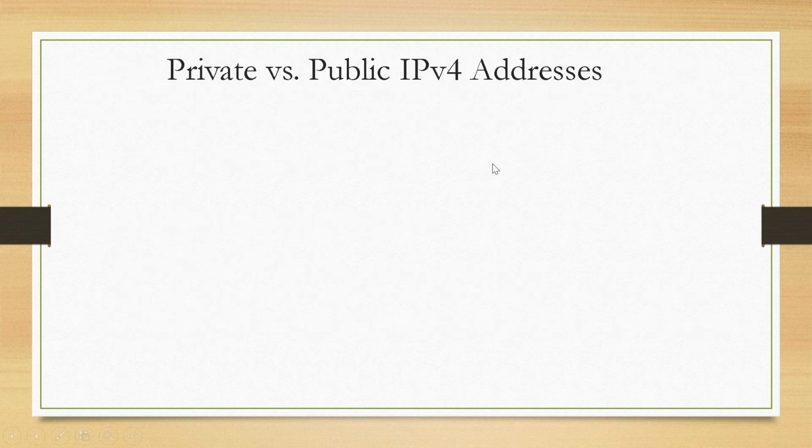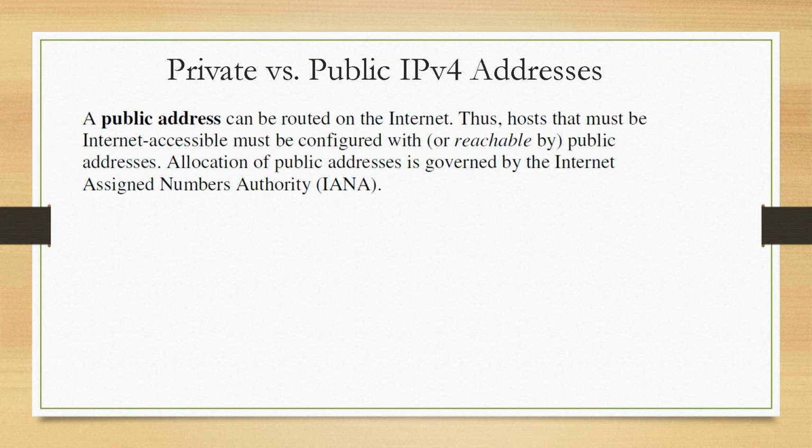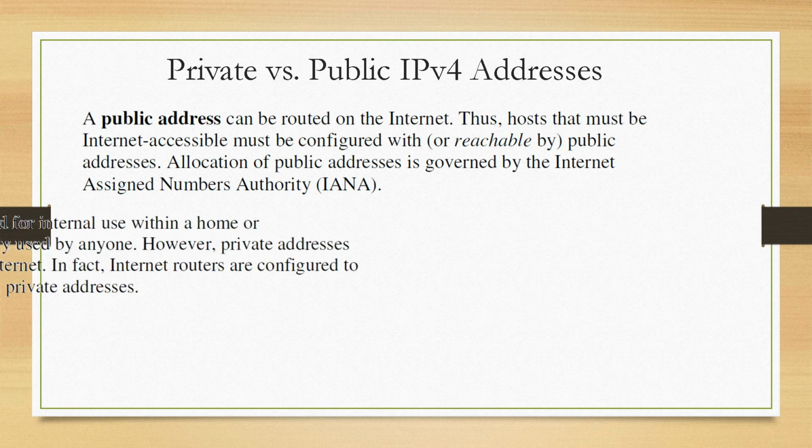We also have private versus public IPv4 addresses. What are these? A public address can be routed on the internet. Thus, hosts that must be internet accessible must be configured with or reachable by public addresses. The allocation of public addresses is governed by the IANA.